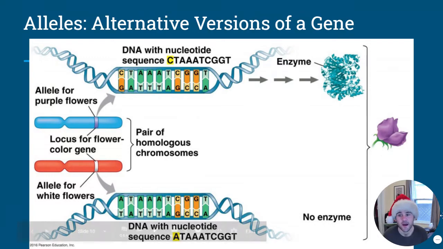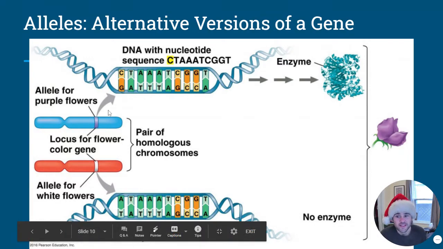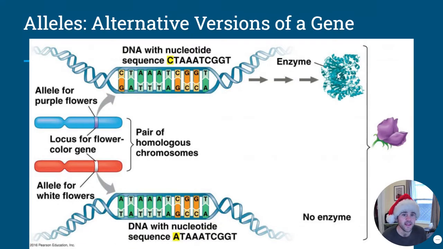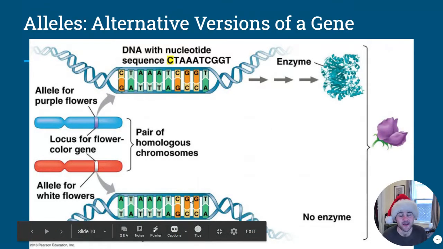So for example, the allele for purple flowers codes for an enzyme that causes that purple coloration. It makes that purple pigment. The allele for white flowers, it's possible that that sequence no longer codes for that enzyme, and so that enzyme isn't made. And so then there's no purple pigment made, and if there's no purple pigment made, that flower is going to appear white because it's the absence of any of those pigments.